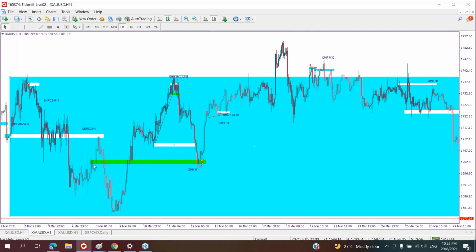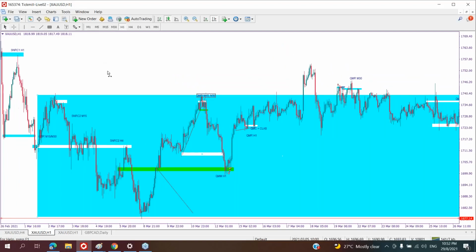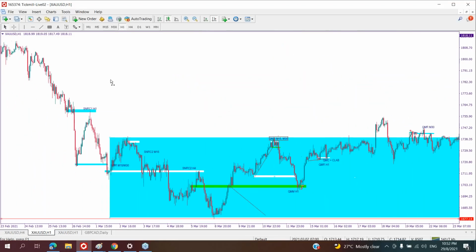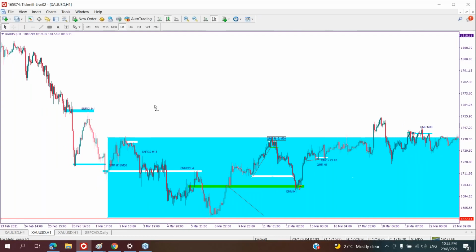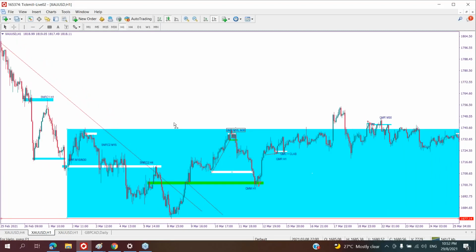We have high, low, higher high, lower low. So we expect that the price will go down. But you have to keep looking to the left, actually, at where the price came from, what location. And you can see here price making a downtrend.